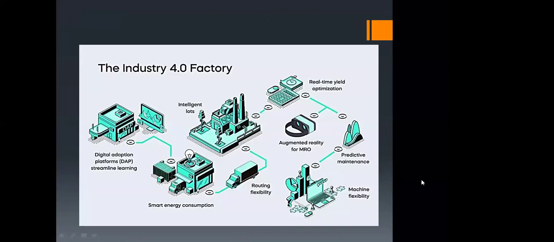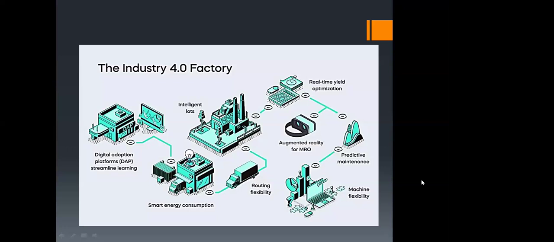Now, this is how the Industry 4.0 factory looks like, which actually implements all those technological pillars that have been shown up till now. Digital adaptation platform, streamlined learning, smart energy consumption, intelligent production, routing flexibility, real-time optimization, augmented reality for visualization, predictive maintenance, machine flexibility.